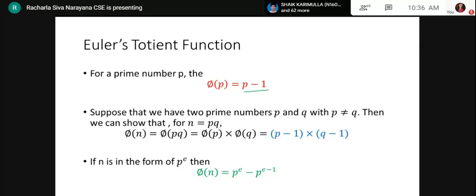For example, phi of 19: 19 is a prime number, so phi of n is 18. And for 23, a prime number, phi of n is 22, so p minus 1.